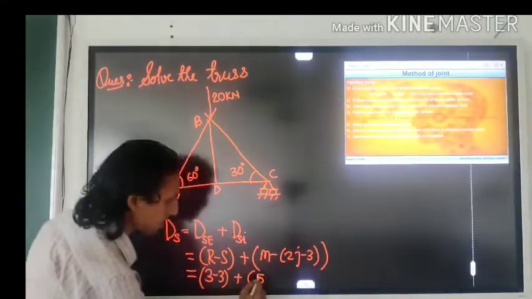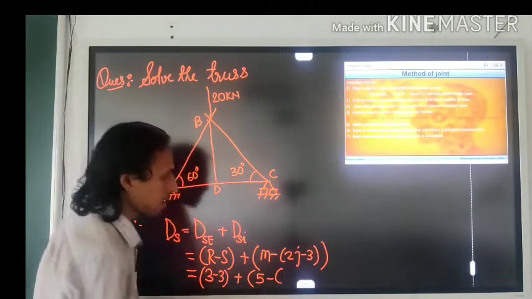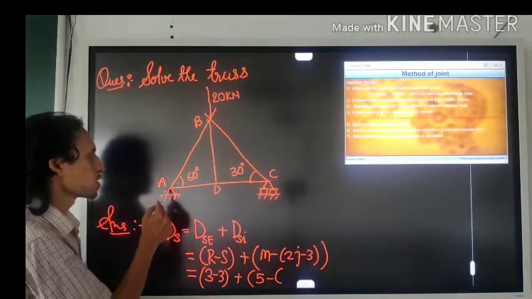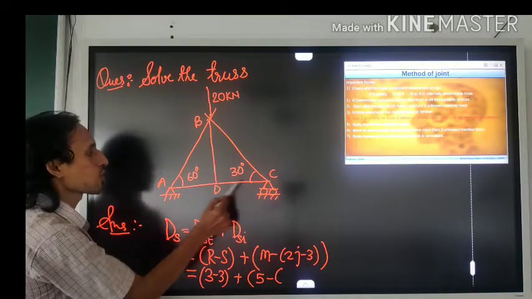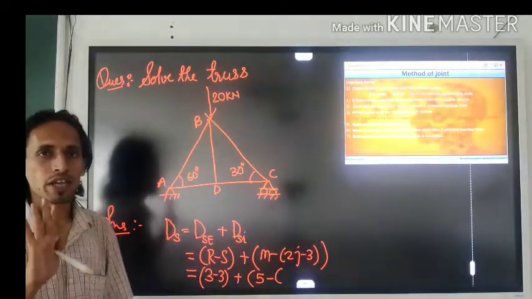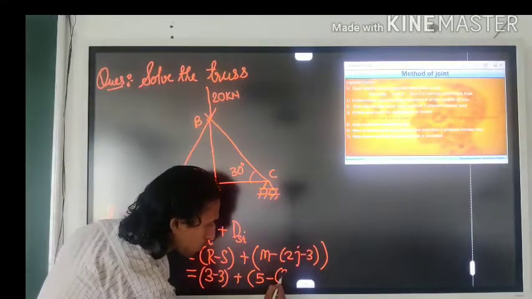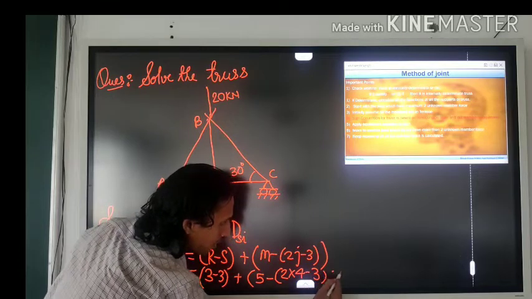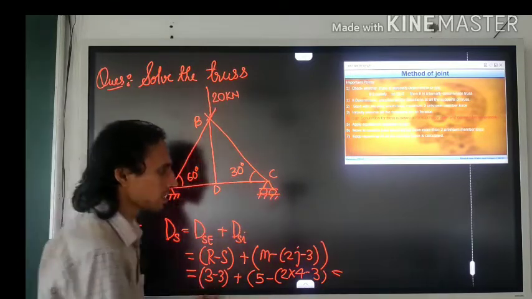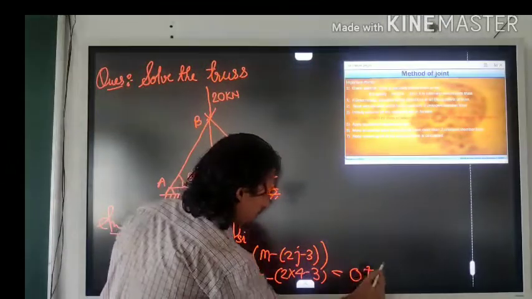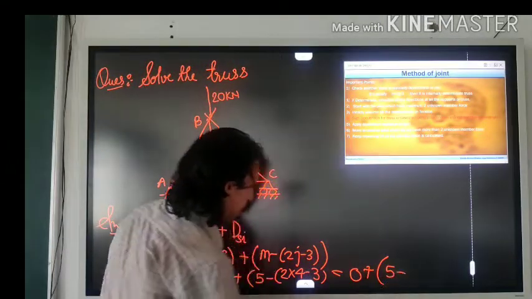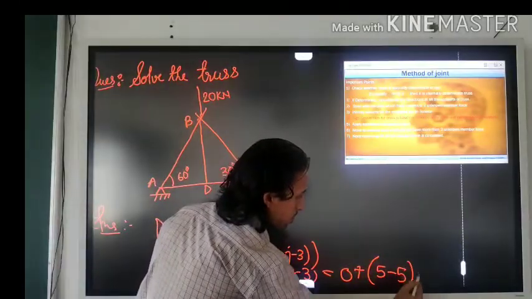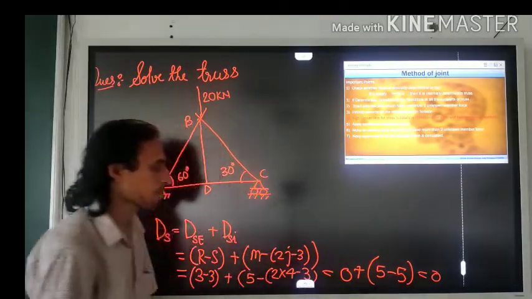Then J for joints: 1 joint, 2 joints, 3 joints, 4 joints. So there are a total of 4 joints, so 2 into 4 minus 3. You calculate this: 3 minus 3 is 0, plus 5 minus 8 minus 3, that is 5 minus 11... the result is equal to 0.